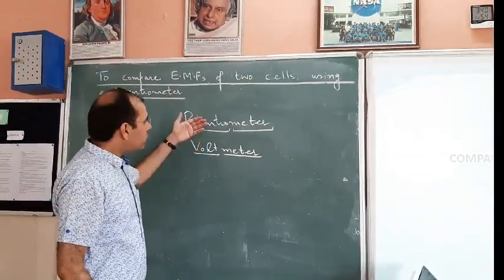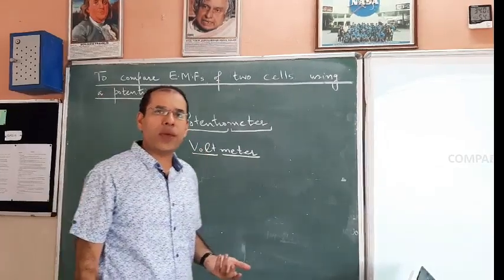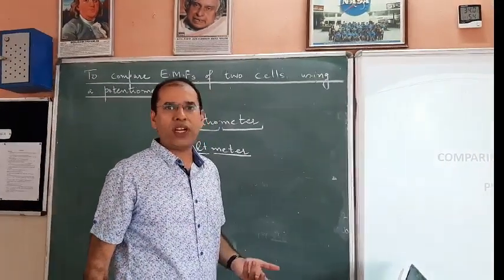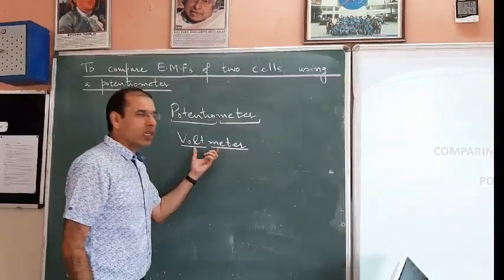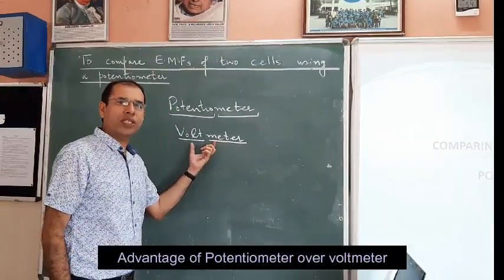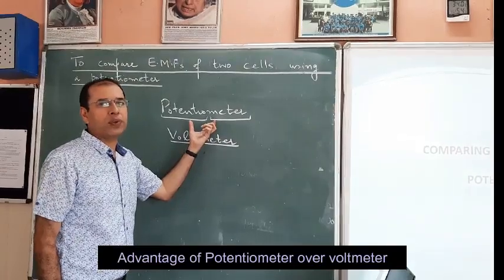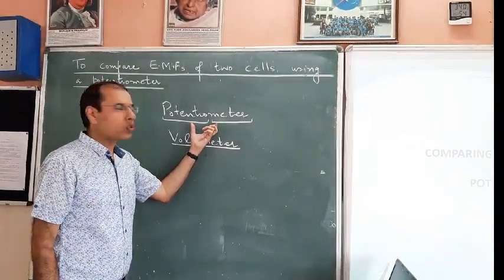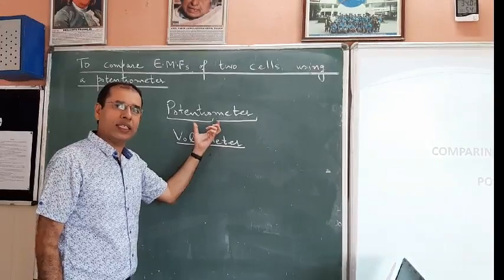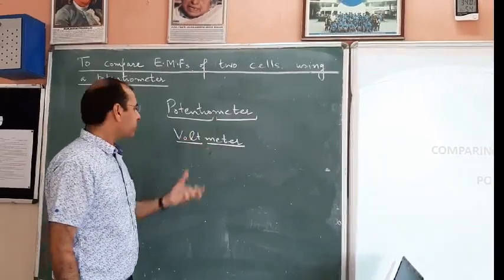So, it seems that both the devices are going to do the same work. And if it is so, then instead of using a very small device called a voltmeter, why will we be using a very bulky device like a potentiometer? So let us first answer this question and then we will proceed further.